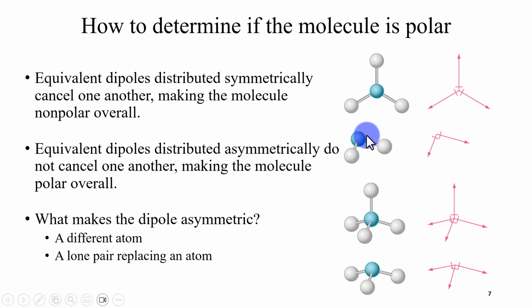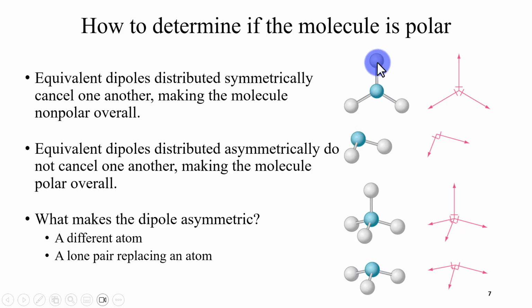Now, even though these two are equivalent dipoles, they're not symmetrical anymore because I have replaced the third atom from this molecule with a lone pair that makes these two asymmetrical. And that means that I have a polar molecule. That's the difference. So if I have a molecule that is symmetrical because it has the same types of atoms, then I have a nonpolar molecule.